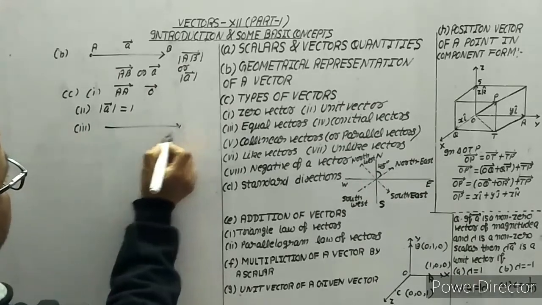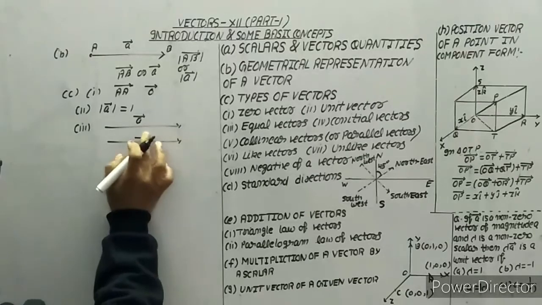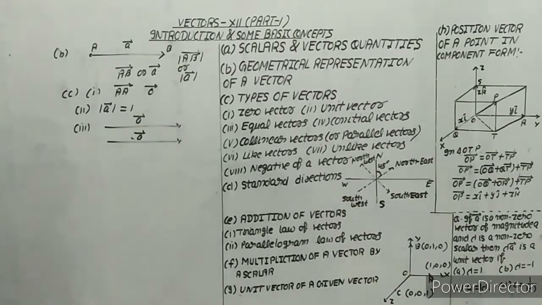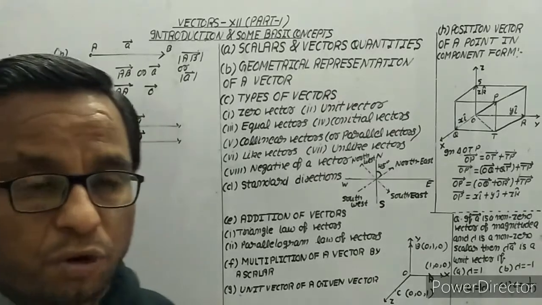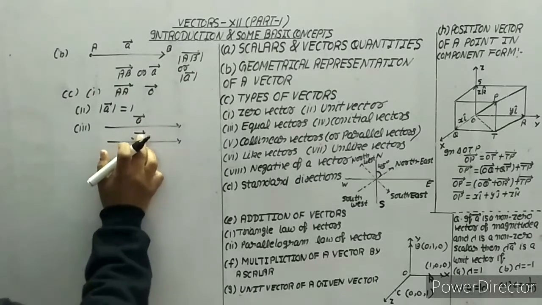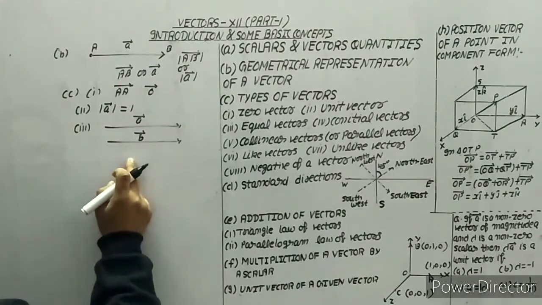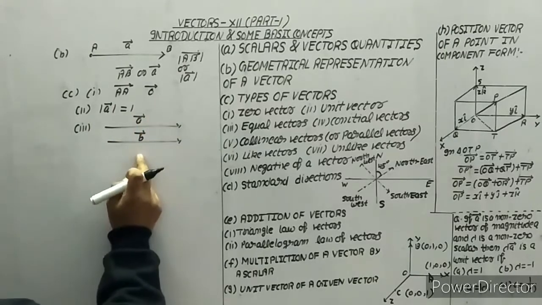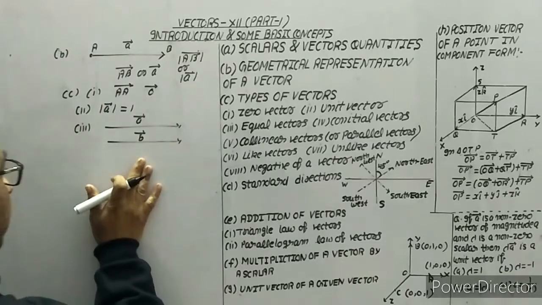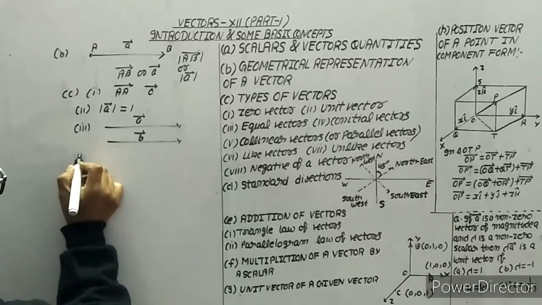Two or more vectors are said to be equal if they have the same direction and magnitude. It means their magnitude should be the same and direction should also be the same, then we can say that the vectors are equal vectors. Here we will say vectors A and B are equal because they have the same direction and equal magnitudes.